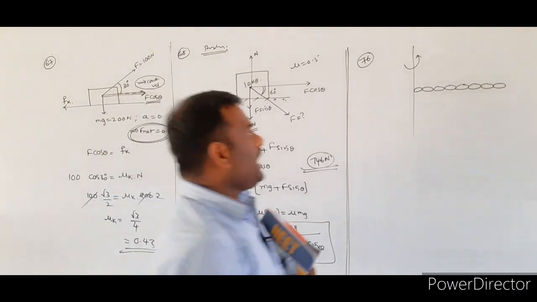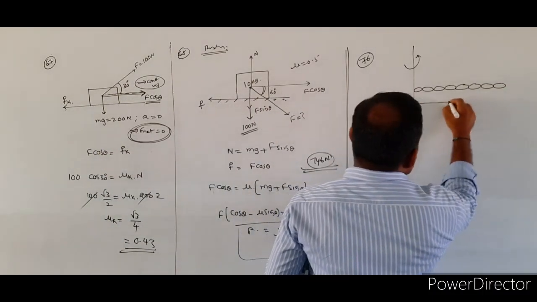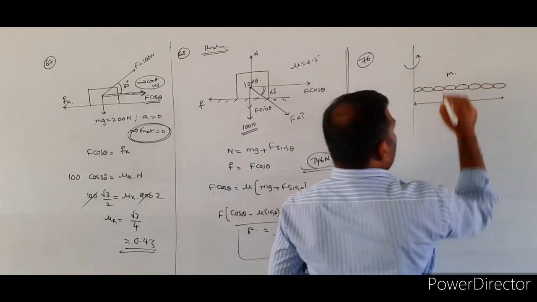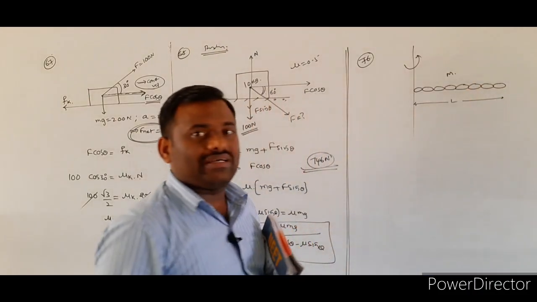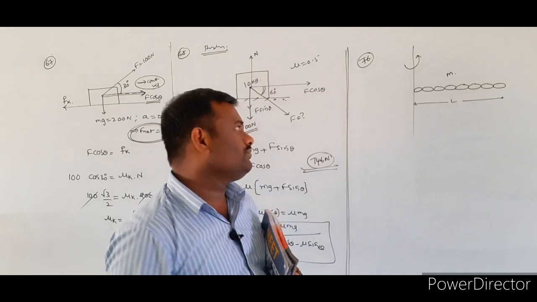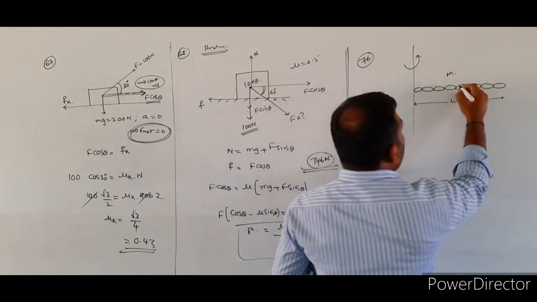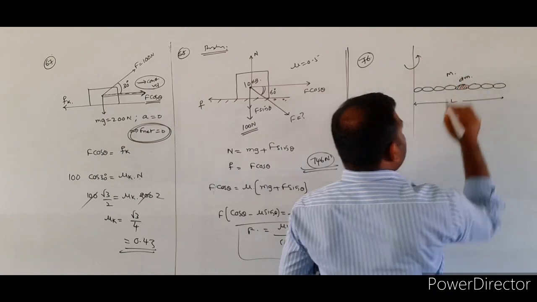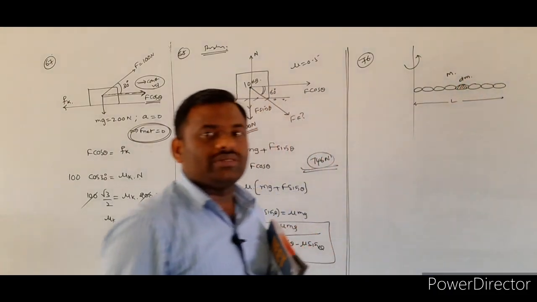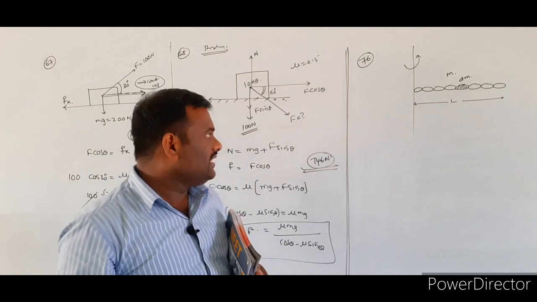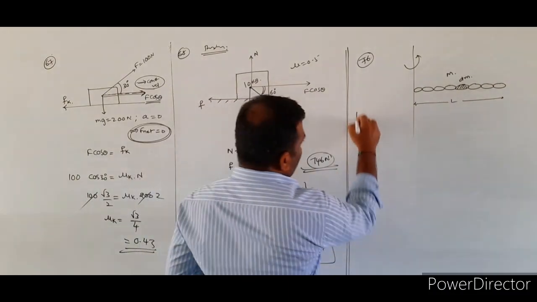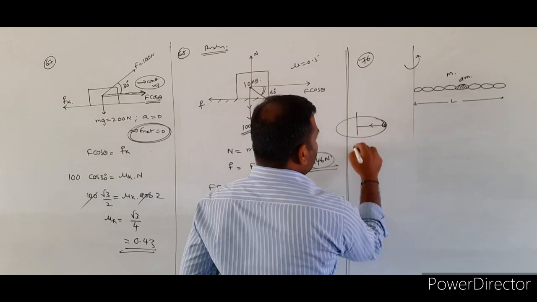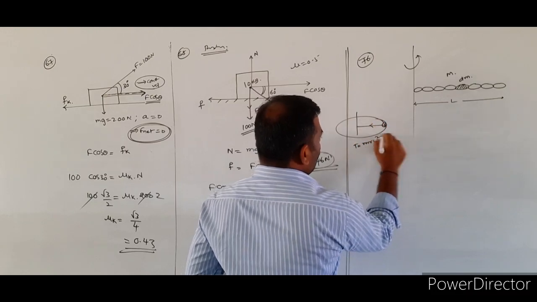For that, what they mentioned is that the total length of the chain is equal to L, and the total mass of the chain is equal to capital M. So here I consider a small portion of the mass whose mass will be taken as dm. Generally we know that if any object is revolving in a circular path, tension developed is equal to m r omega square.